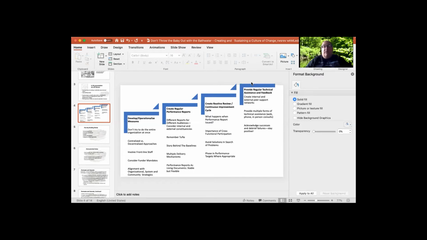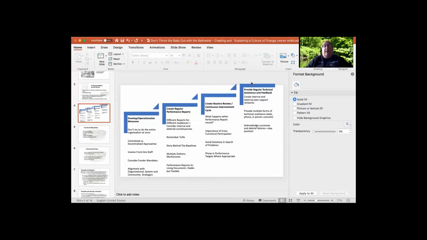But once you have measures identified for a program or programs within the organization, then you have to start creating regular performance reports. And the regularity of them is important. It doesn't mean you have to issue one every 2.5 days, but regularity is important. Knowing that these reports will be issued on a quarterly basis and that there will be a review process related to them is very important.